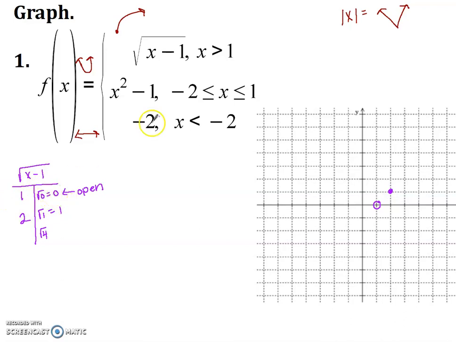Okay? You only put the open circles at this specific x value. Okay? Then in order to get 4, I would have to plug in a 5 for x. So that's 5 minus 1, square root of 4, which is 2. Okay? So that's going to be 1, 2, 3, 4, 5, up 2.